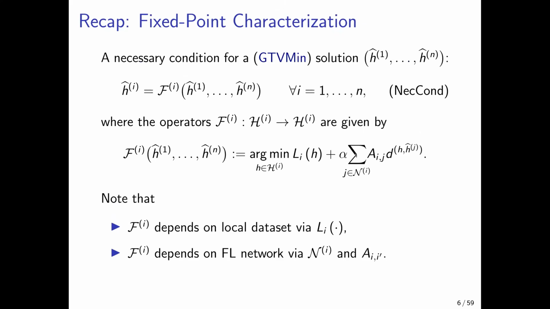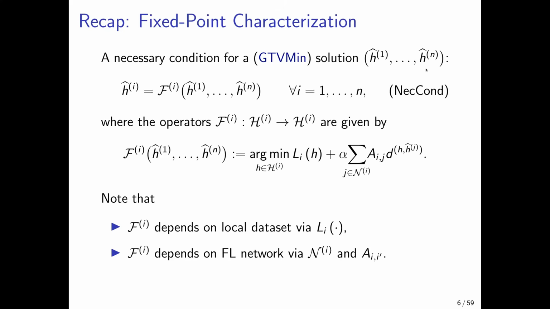the connected nodes. Also, in the last lecture, you have already seen this fixed point characterization for a necessary GTVMin solution. So let's assume we are having some solution of GTVMin, which we denote in this way, with this hat notation, h_1 hat to h_n hat.